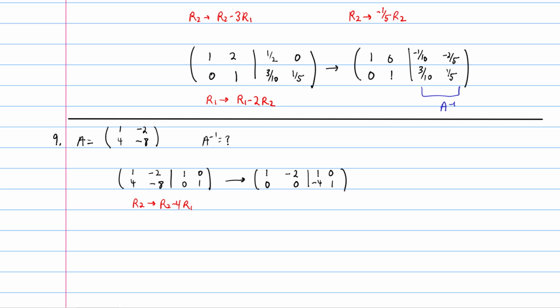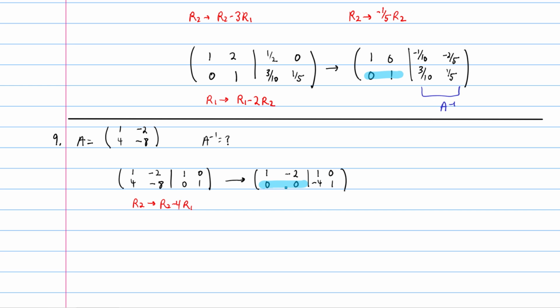But look what's happened here, right? So we now have a row of all zeros on the left-hand side. So it's going to be impossible for us to get the identity matrix on the left, right? So this is impossible. So this is a matrix that does not have an inverse then.